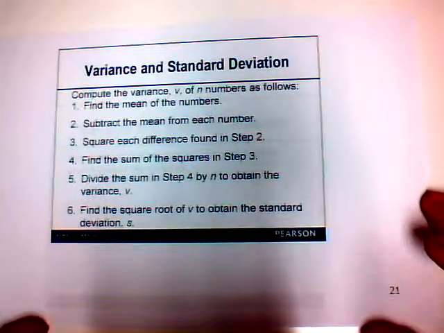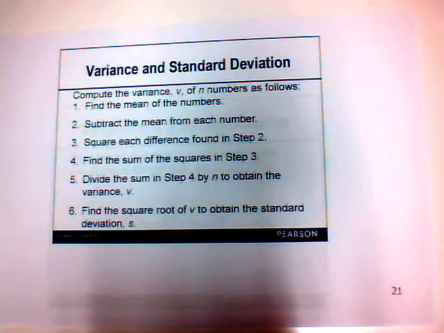Okay, now to compute the variance, which they call lowercase v, of n numbers, we can do that as follows. Step 1, we first find the mean of the numbers. Then number 2, you're going to subtract the mean from each number. Then number 3, you're going to square each difference found in step 2. And then step 4, find the sum of the squares in step 3. Number 5, divide the sum in step 4 by n, which is the number of data values, to obtain the variance.